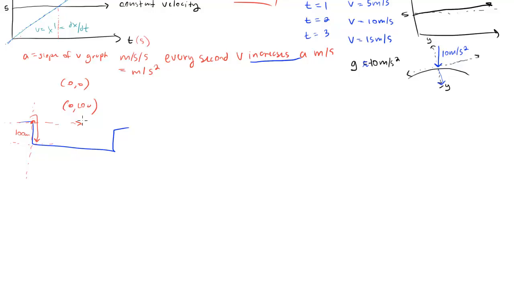It really just depends on what you're doing. But just keep in mind that you need to pick a place where your origin is going to be, and you need to pick positive and negative directions. Usually when we do these, it's pretty clear that up is going to be positive and down is going to be negative. But just be careful with that, because it's really easy to get signs flipped around. So be cautious of that.